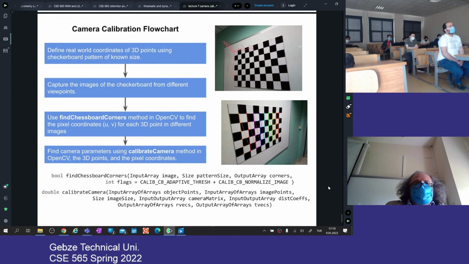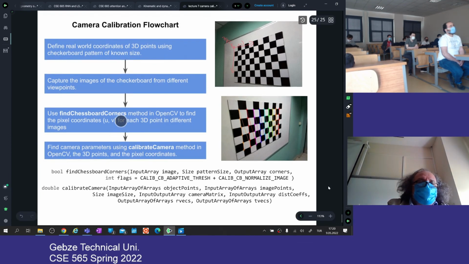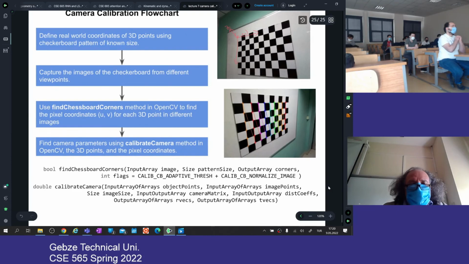Define real world 3D coordinates using the checkerboard pattern. Capture images of the checkerboard from different viewpoints, different angles, as many as possible. Find the corners using the find chessboard corners method. Then you call the function calibrate camera.